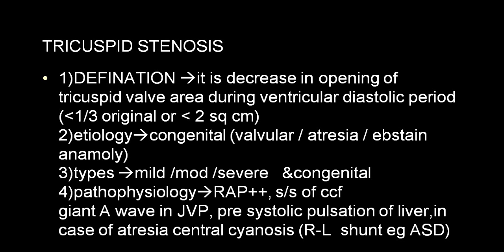And in a case of tricuspid atresia or Ebstein anomaly, very frequently it is associated with ASD, where it will end up in right to left shunt. Hence, deoxygenated blood from the right side will enter the left side, producing central cyanosis, which is very common in case of tricuspid atresia and Ebstein anomaly. So it is one of the causes of the congenital cyanotic group of heart disease.